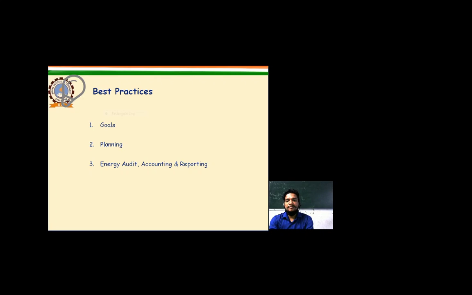All these devices are operated with the help of electricity. That's why electricity is required. So to fulfill the demand, there should be the presence of energy.